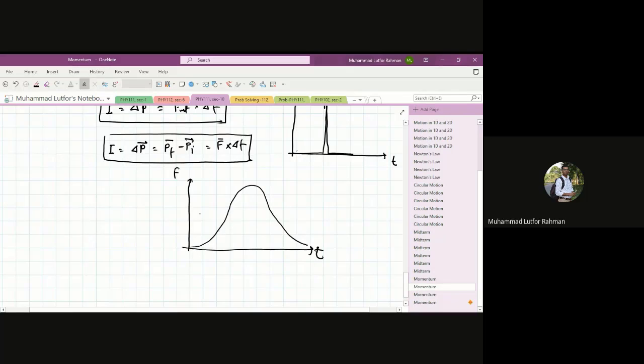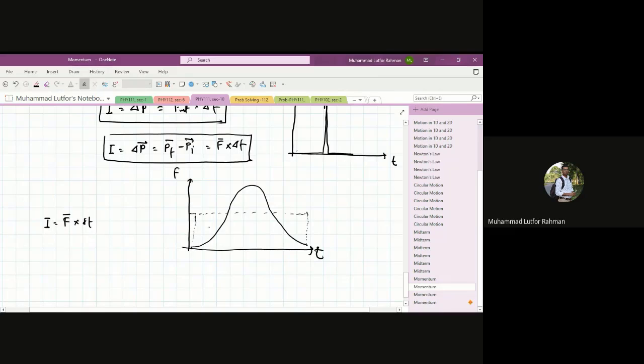And now why we write down that average, basically there is a reason. So if I take that formula from there, you'll understand why I'm saying that this is actually the average case. So I find out that my impulse would be basically F into del t, right?